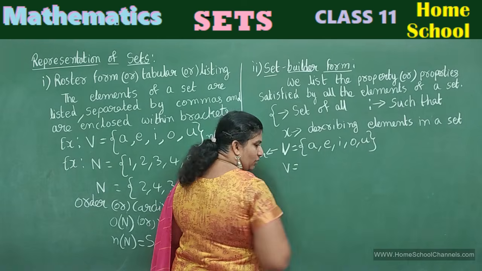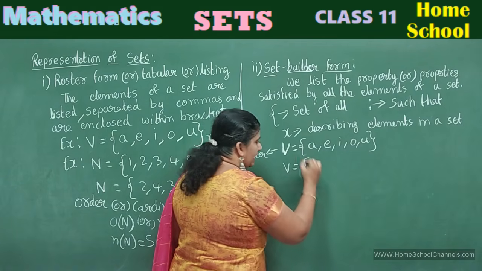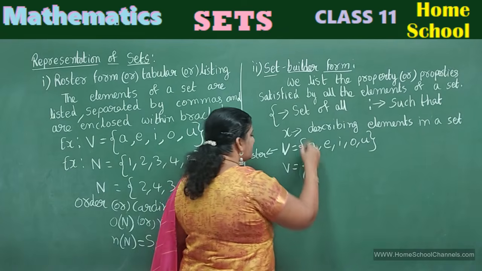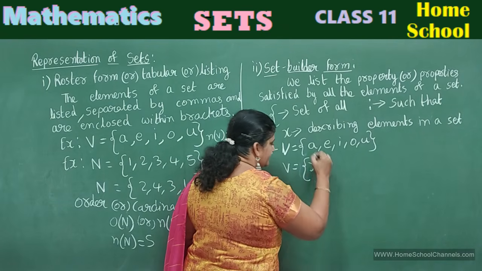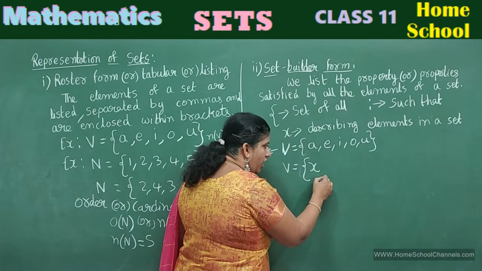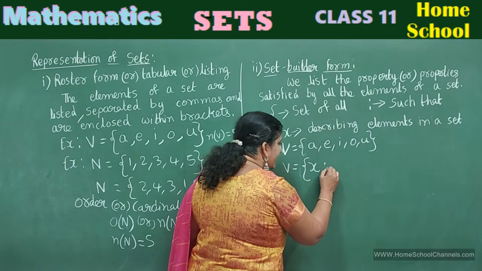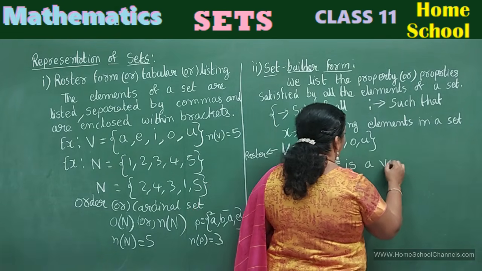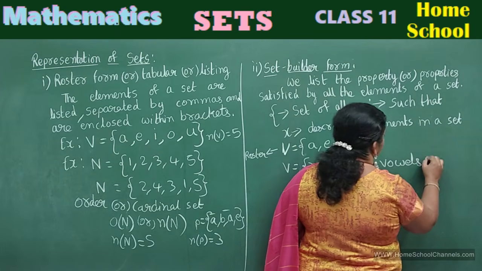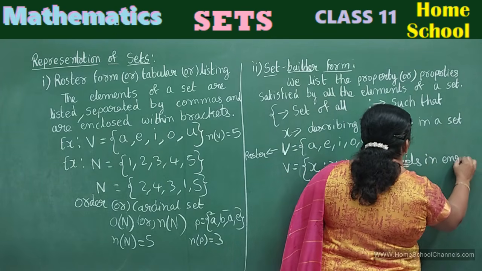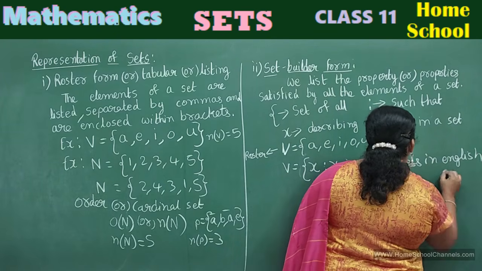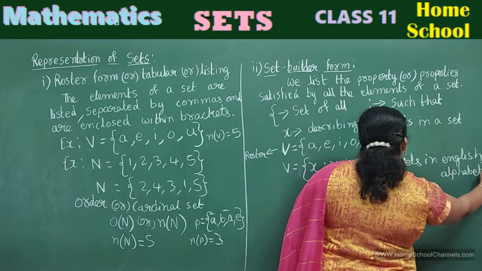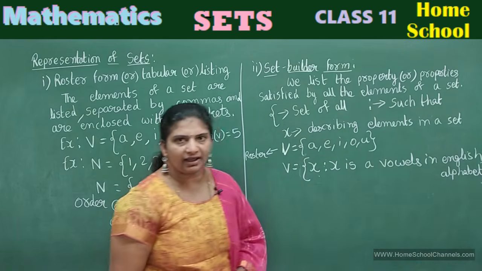V is equal to the set of all elements, we represent with the letter x. The set of all x such that, colon, x is a vowel in the English alphabet. Vowels in the English alphabet, and close the curly bracket.